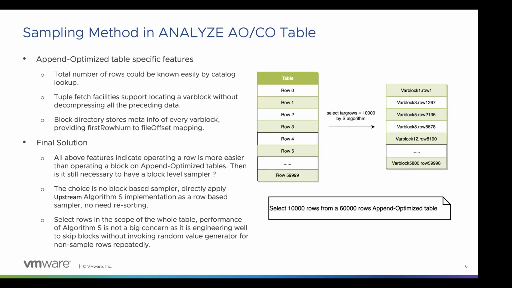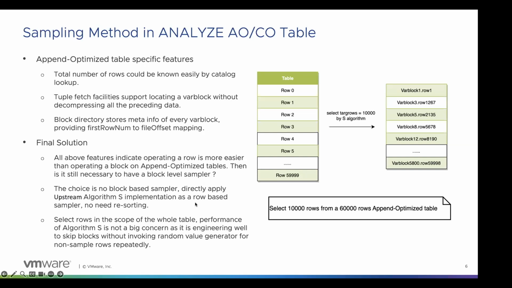If we only invoke the random value generator for the sample blocks, because the number of sample blocks is fixed, the cost can be controlled. So this is the advantage of the upstream implementation. So finally, we choose algorithm S and use it as a row-based sampler.